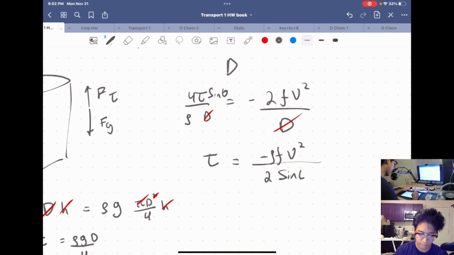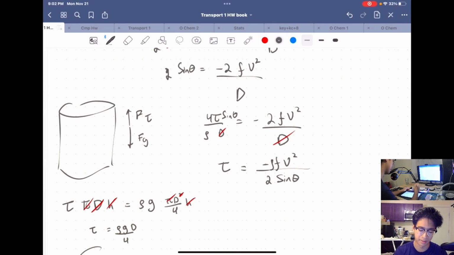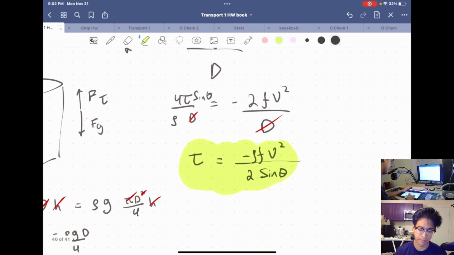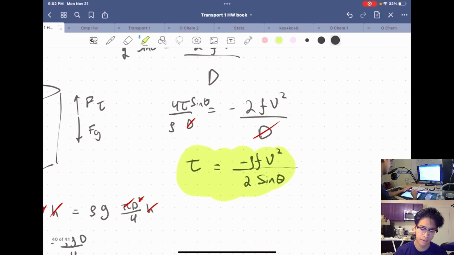I duplicated g, it should not be there. Let's double check, 4 tau over rho d. Okay, no more mistakes. We have all of our missing terms now. We now have an expression for shear stress in terms that we can use to find the Fanning friction factor. For the Fanning friction factor, we're going to use the Churchill equation, which is based on the Reynolds number, which we'll wrestle with in a bit.